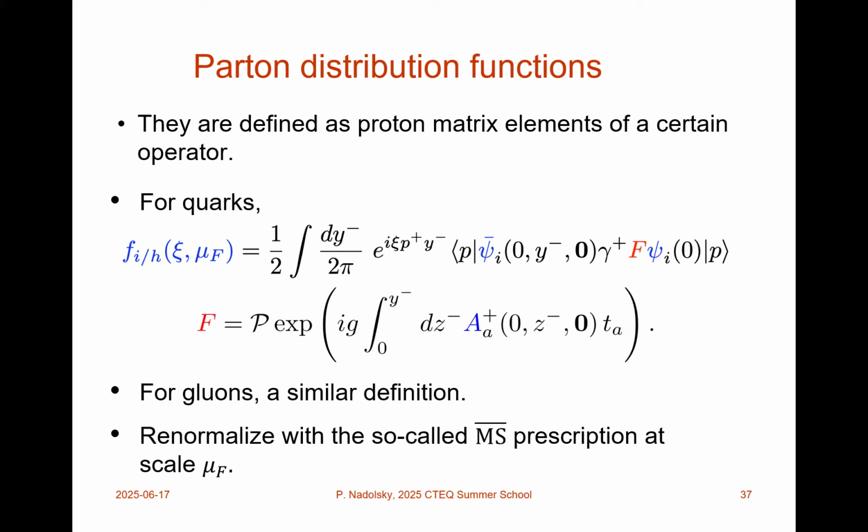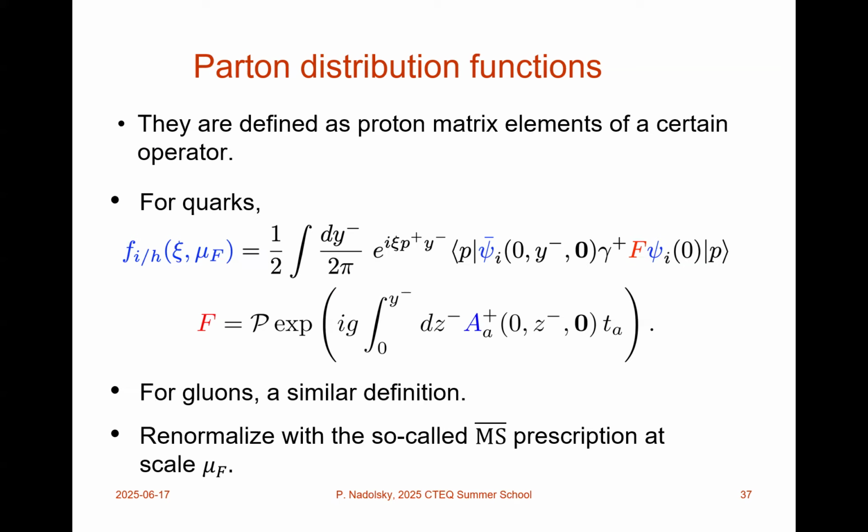It's a generalization of the operator for finding the quark, this is for the quark. So this is the generalization of the operator for finding the quark density, the average value for a state associated with the initial state proton, right?